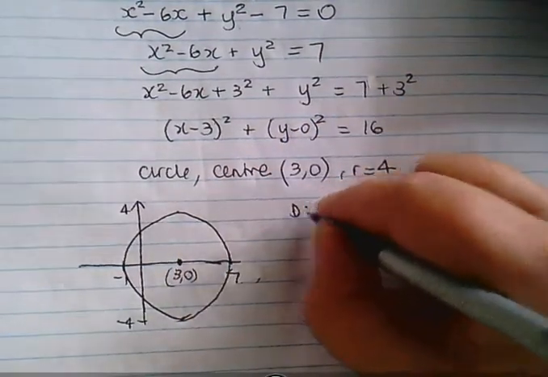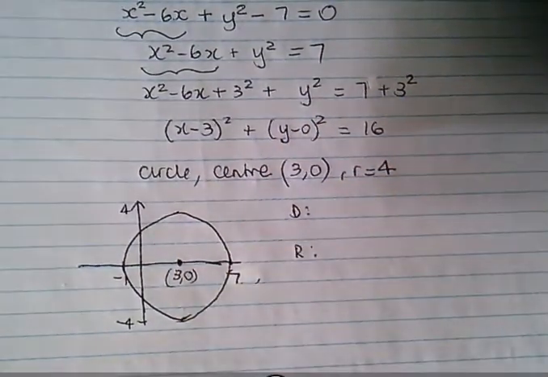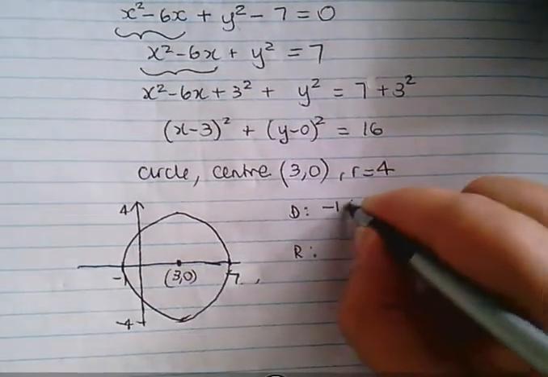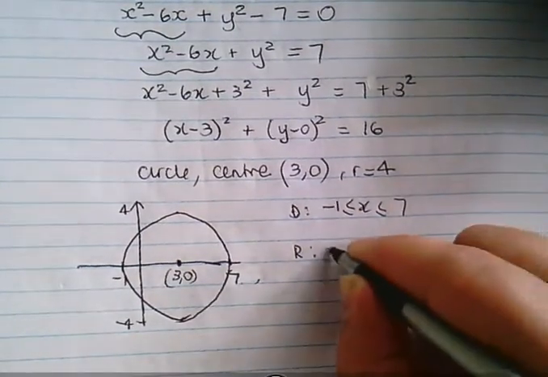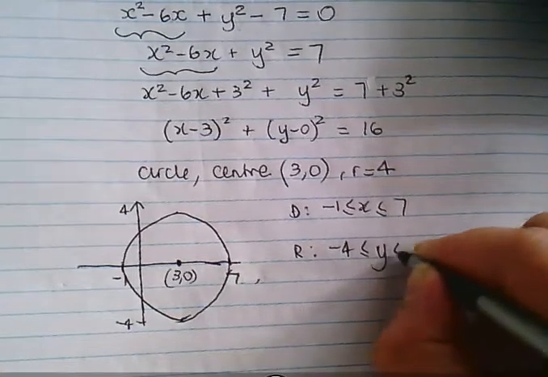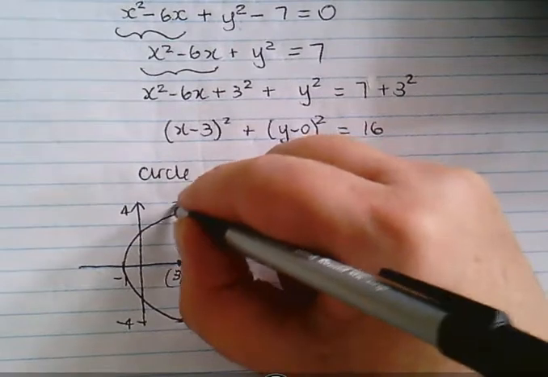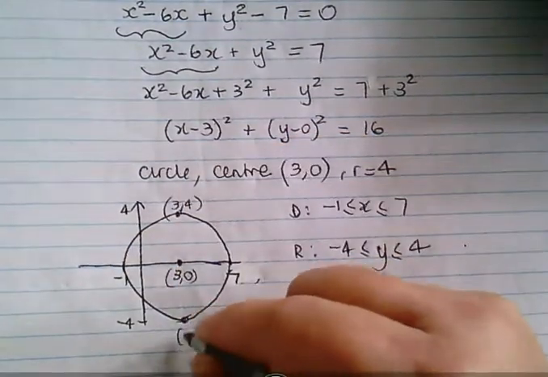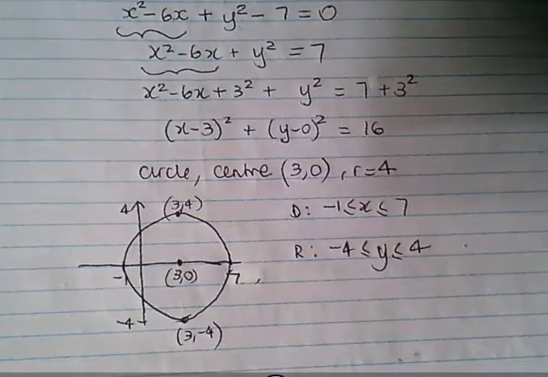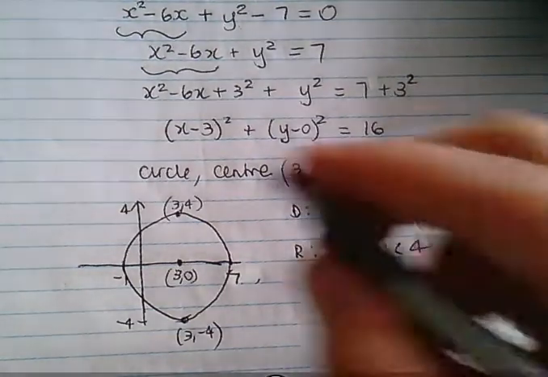And our domain and our range. All good? From -1 through to 7, and from -4 is less than or equal to y, which is less than or equal to 4. You can put the coordinates in. Probably a good idea if you're sketching it.